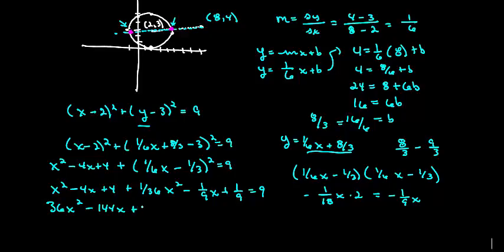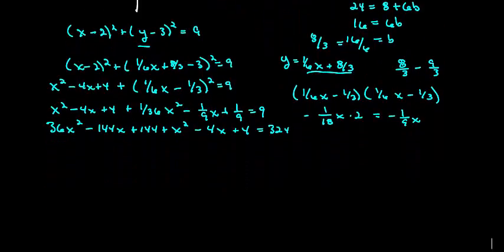Okay, so let's combine some stuff. We have x squared and 36x squared, so it's 37x squared. I have negative 144x minus 4x, which is negative 148x.